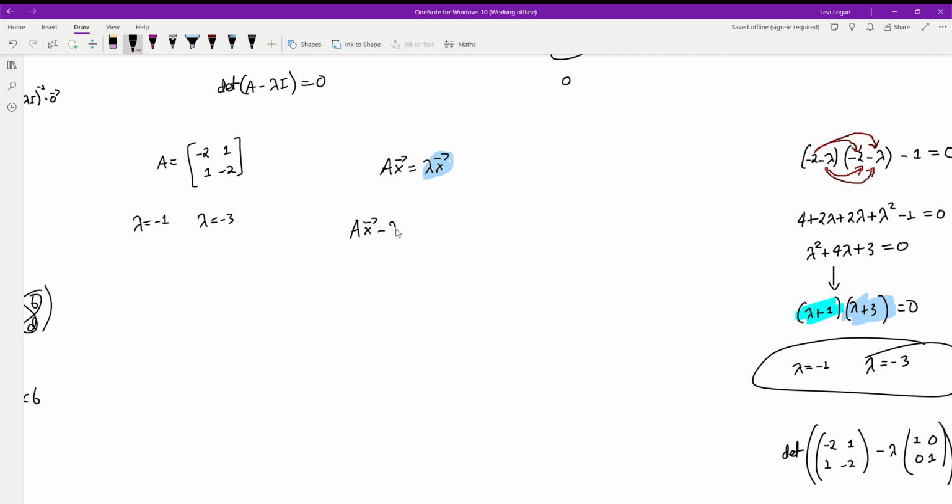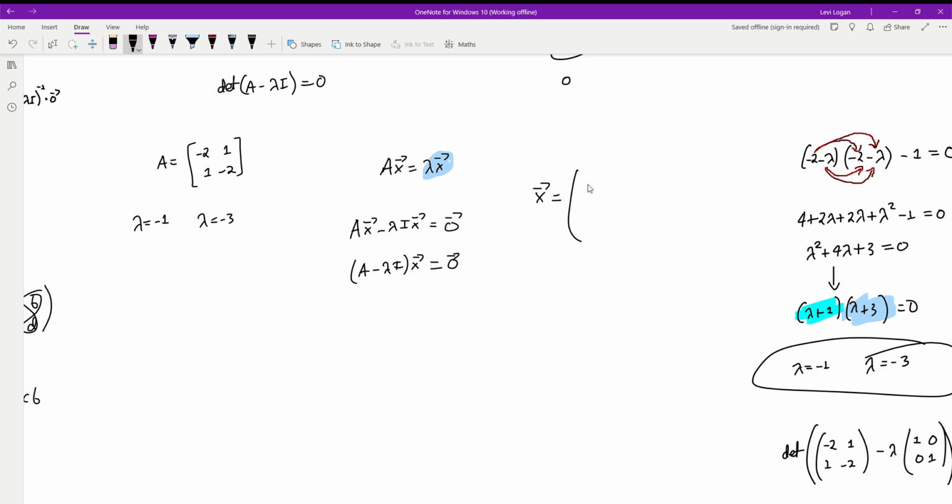So we'll have lambda I, matrix V, equal to the 0 vector. You can take out the factor of a vector. So we'll have A minus lambda I and our vector here. All I've taken out was this vector because it's common in both of these terms, is equal to our 0 vector, okay?